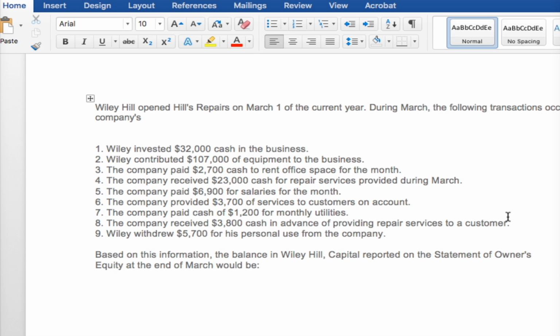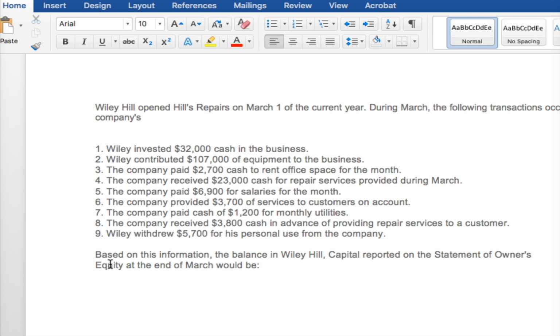Okay, let's just look at what the question asked. Based on the information here in 1 through 9, the balance in Wiley Hill Capital reported on the statement of owner's equity at the end of March would be what? Okay, so basically what we're concerned with, we want to look at Wiley's capital account or owner's equity account that records basically the effects of all the transactions that touched Wiley's capital account.